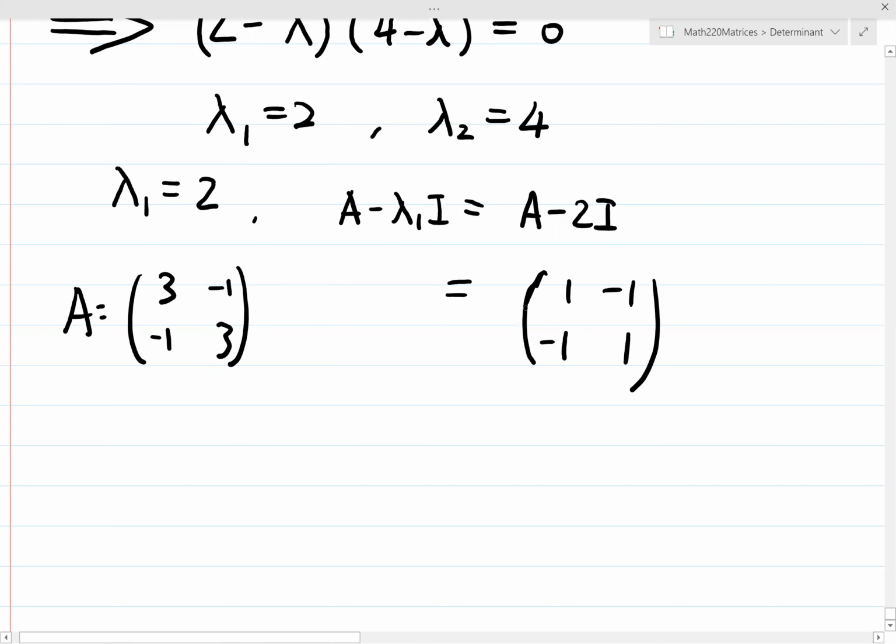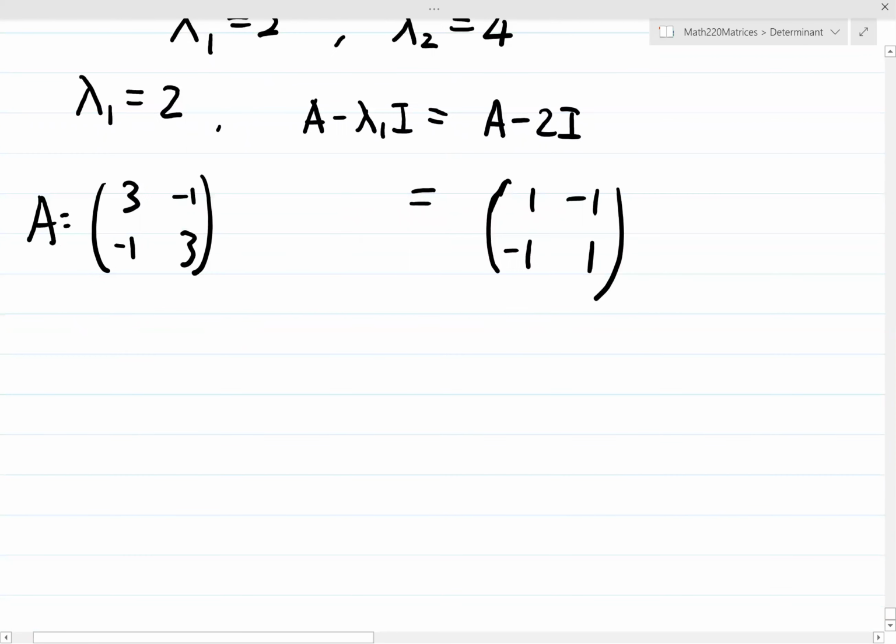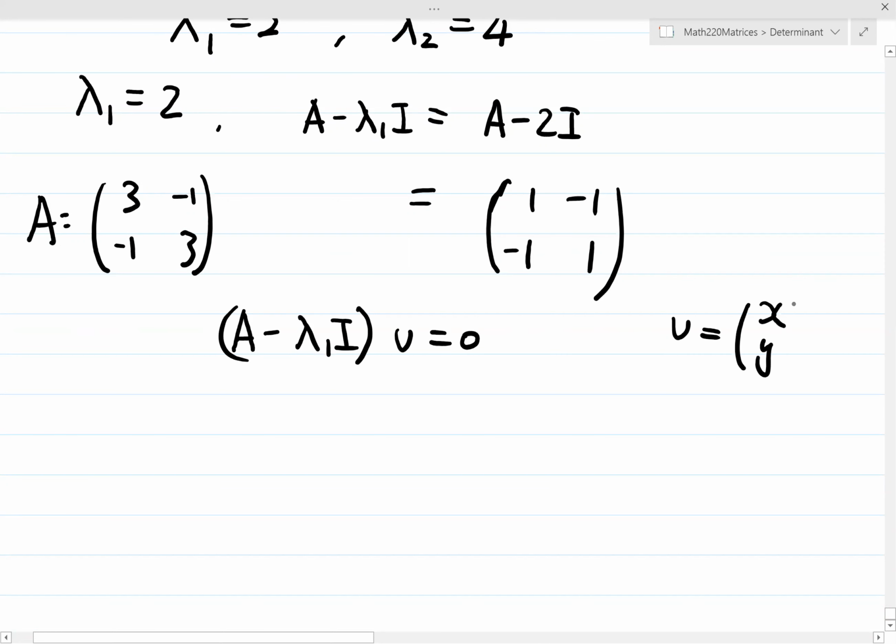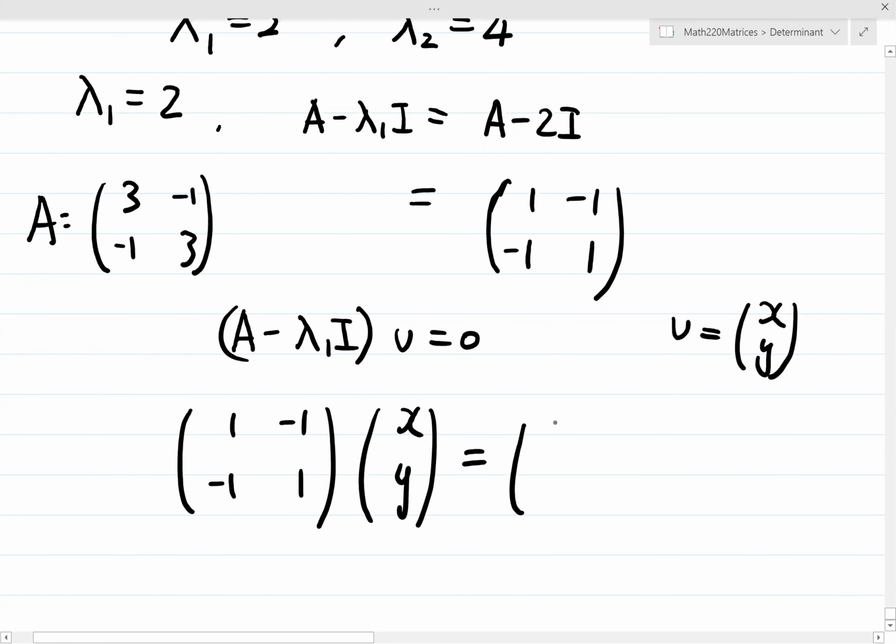So you can easily see the eigenvectors. If (A minus lambda I) V is 0, where V is (x, y), the matrix is 1, -1, -1, 1 times (x, y) equals (0, 0).